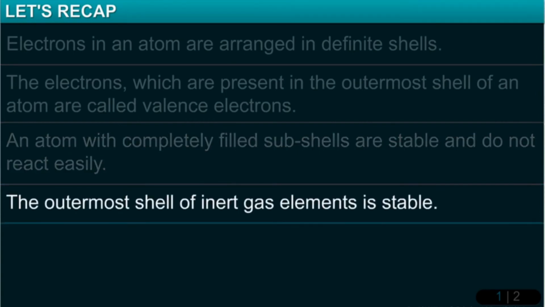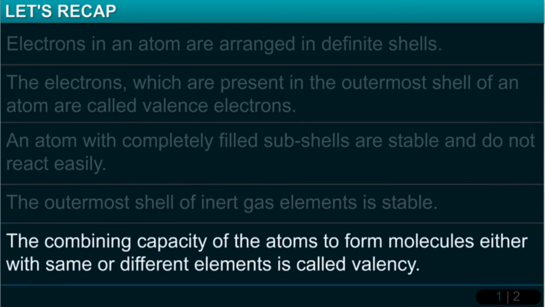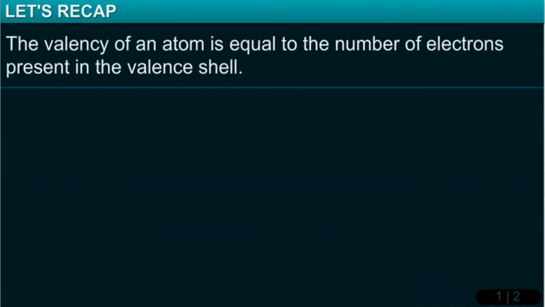The outermost shell of inert gas elements is stable. The combining capacity of the atoms to form molecules, either with same or different elements, is called valency. The valency of an atom is equal to the number of electrons present.